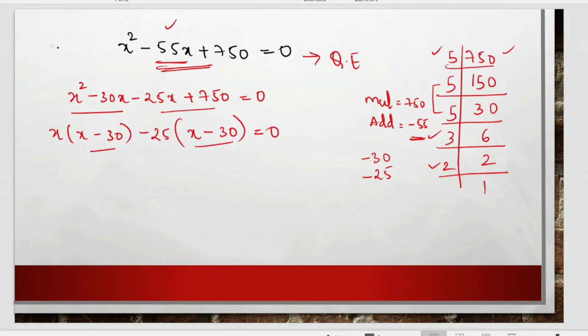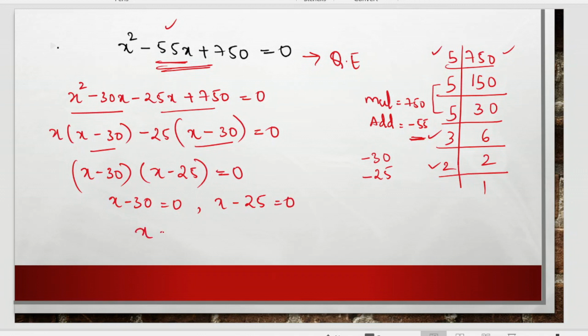So x minus 30 is common, and the remaining is x minus 25 is equal to 0. We equate x minus 30 with 0 and x minus 25 with 0. You will get x is equal to 30 and x is equal to 25. So on that day, the number of toys produced might be 30 or it might be 25.